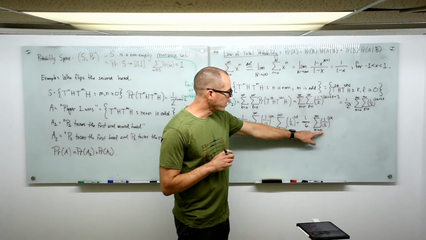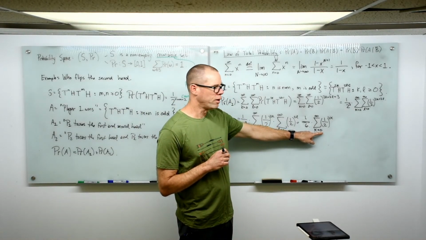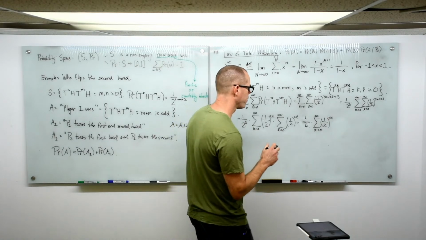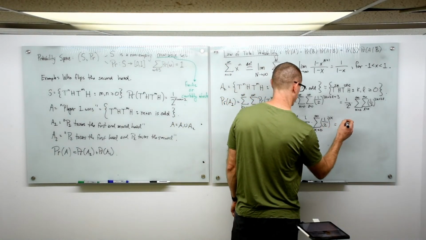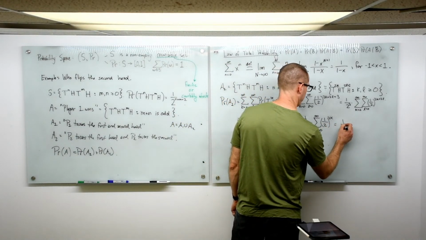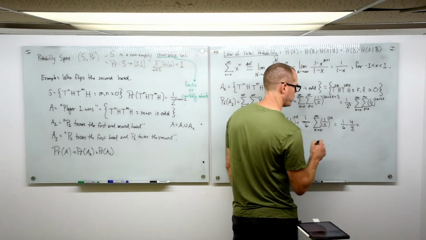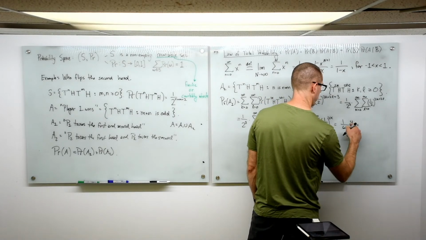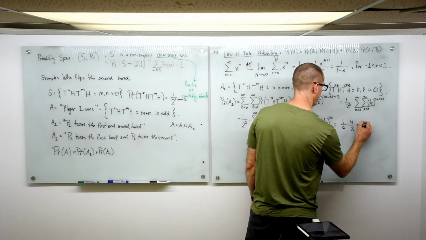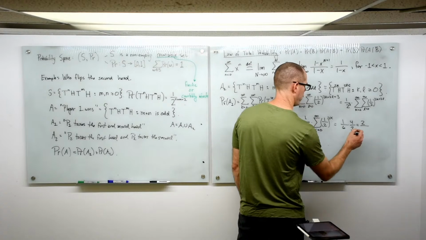We've seen it before as well. It's the same one we just did. It's equal to 4/3. So we get 1 over 6 times 4/3, which is 2 over 9.